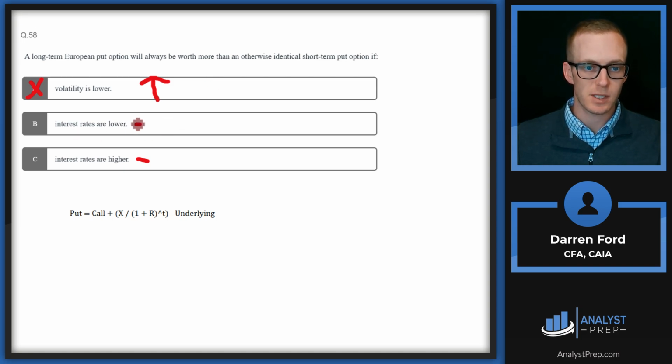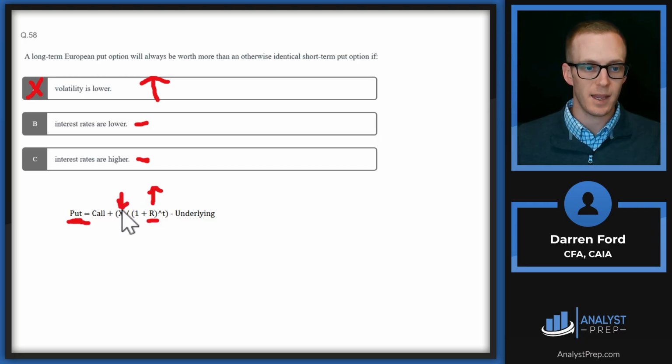So then between interest rates lower and interest rates higher, let's look at this formula. So rates, we have this, our put call parity organized for puts, and we have interest rates right here. So interest rates is discounting this value, and this is a positive value. So if we have interest rates go up, we're going to be discounting X at a greater value, which is going to make X go down.